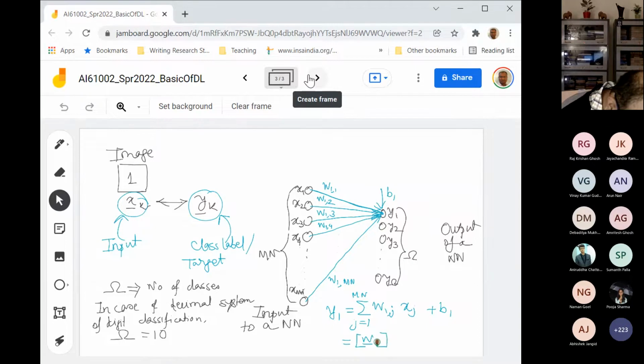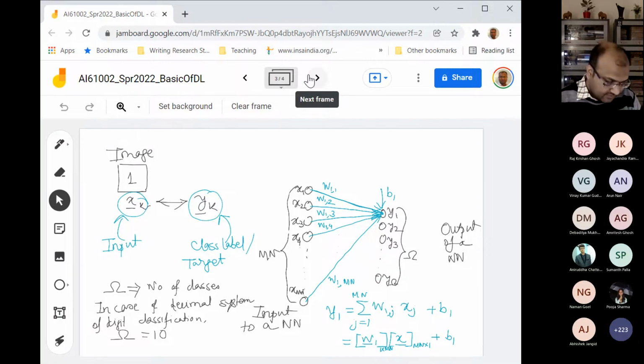This is a row matrix multiplied by X, which is a column matrix. So X is mn cross 1, and this W is 1 cross mn, plus I add a bias over here, b1. Okay.